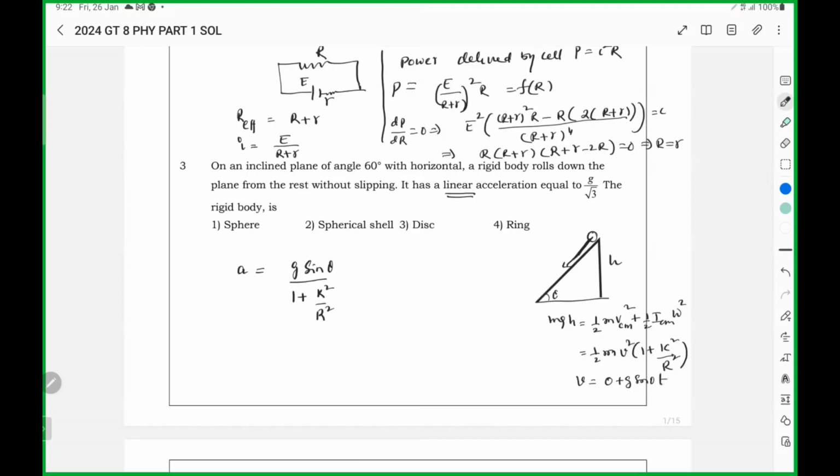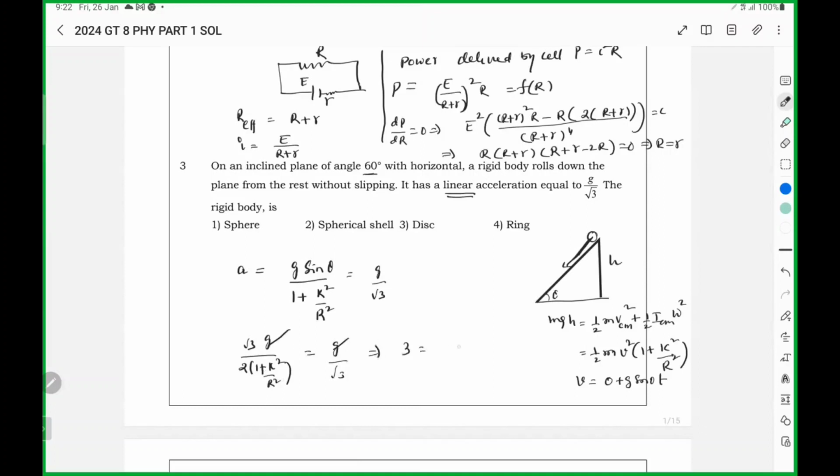This formula, if you apply, you get acceleration. Now here, he told this is equal to g by root 3. Theta is given as 60 degrees. So g sine 60, root 3 by 2, over 1 plus k square by r square, is g by root 3.